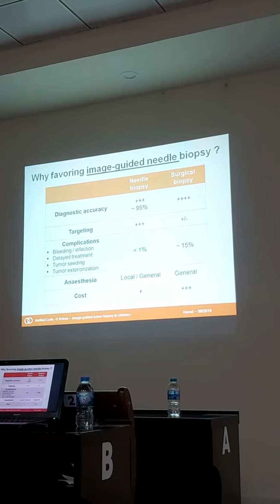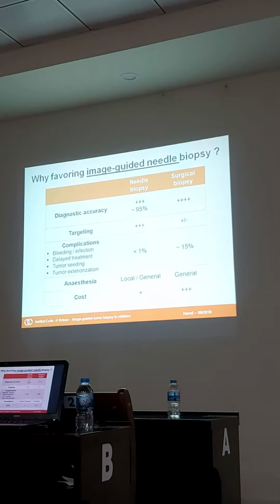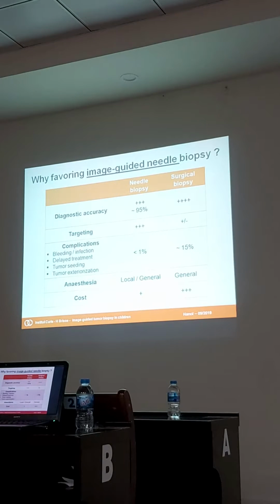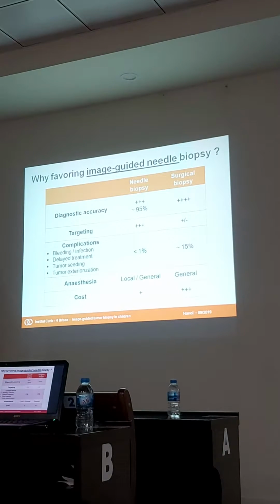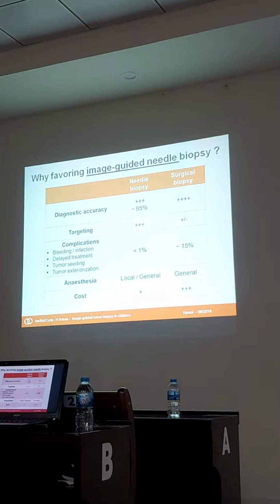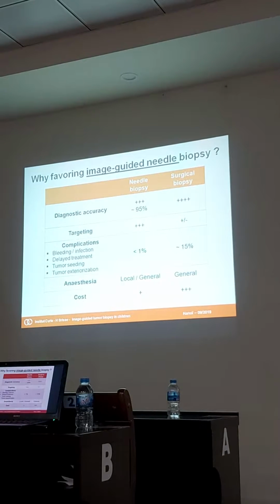The most important thing to remember is that when you perform surgical biopsy, you are not able to decide in which area you take the specimen. With imaging, you can target the main tissular component of the tumor, and you can avoid the necrotic part of the mass, and so you can get better quality specimen.